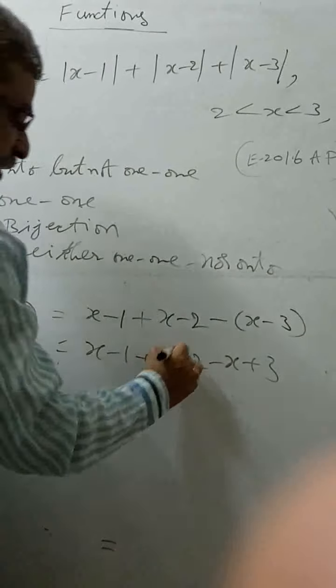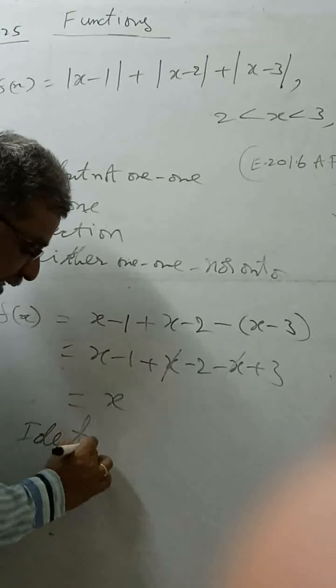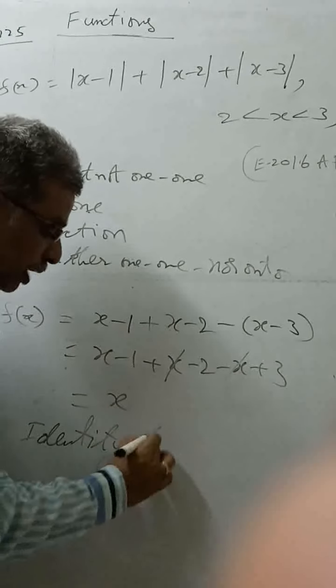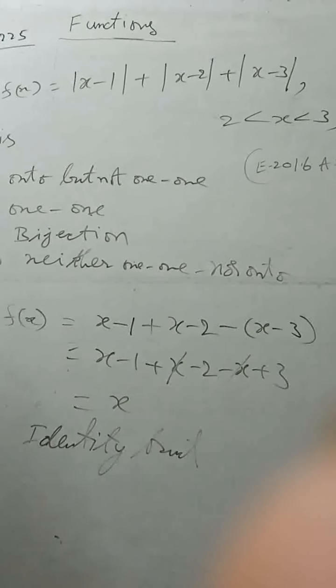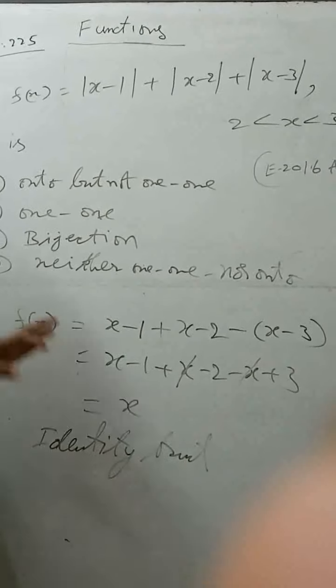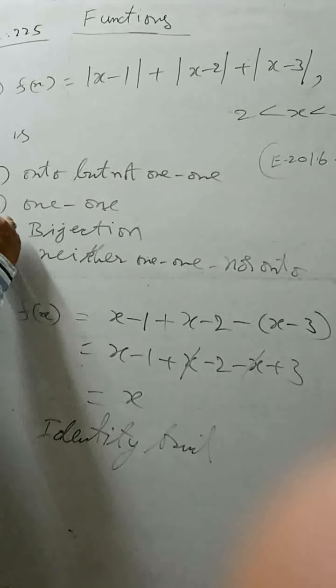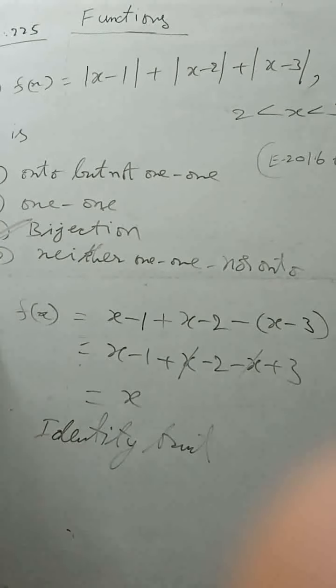So f of x equal to x means it is an identity function. What is identity function? I_A, I_B are always bijections, I told. Identity means 1-1, and codomain must be equal to range because every element is mapped to itself. Every element is mapped to itself means it is bijection. So our option is C.